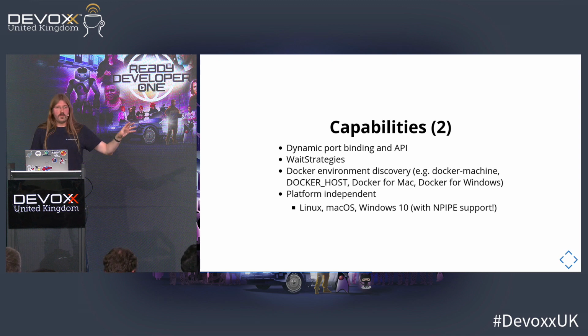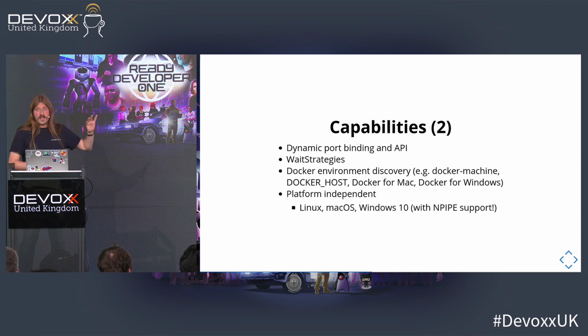So the general approach is to dynamically bind to a free port, and then Testcontainers provides an API so you can get the actual port there.